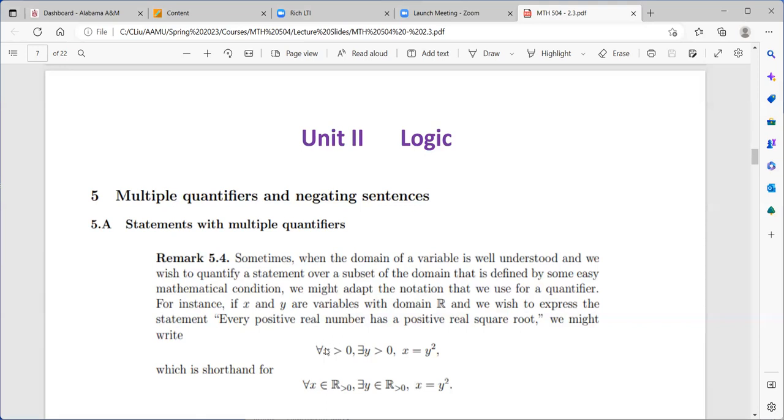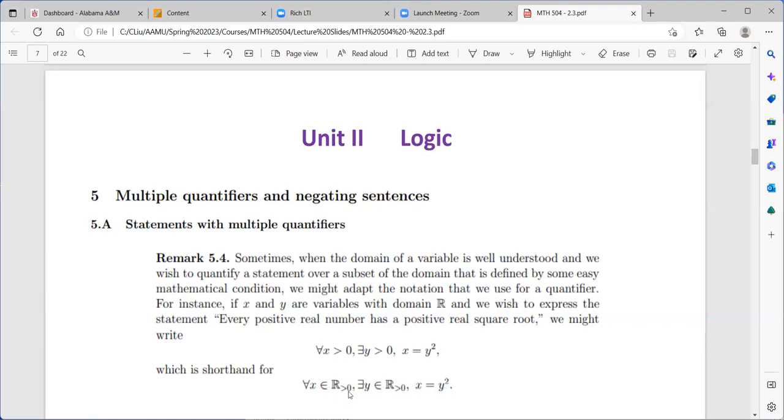So every positive real number x, that's a universal arbitrary x, has a positive real square root. So there exists some y, also positive, such that x equals y squared. So y is the square root of x, a positive root.